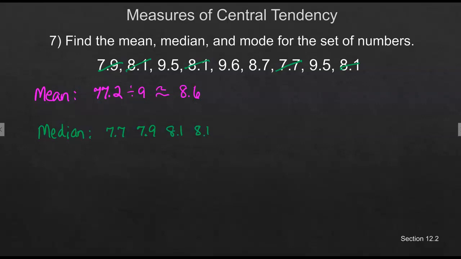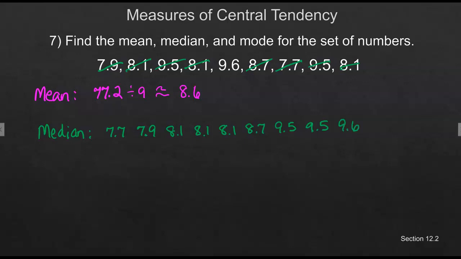You have to write them out, the number of times they appear. And then next we have 8.7. Then we jump to 9.5, 2 times. Oops. And then last we have 9.6.